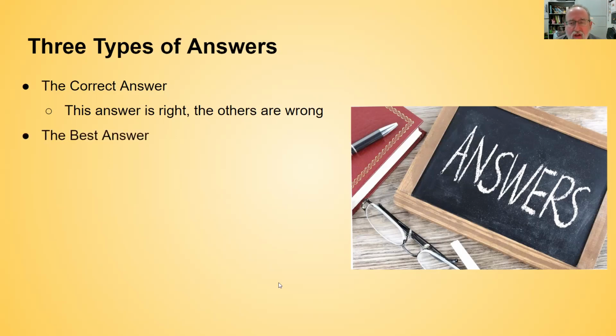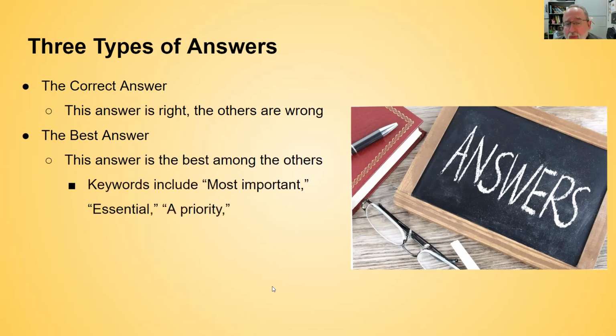You might also be looking for what we call the best answer. The answer is the best among all the others. So keywords: most important, essential, a priority. That says you're not looking for the correct one, you're looking for the most important one, or the essential one, or the priority one, or the best answer.